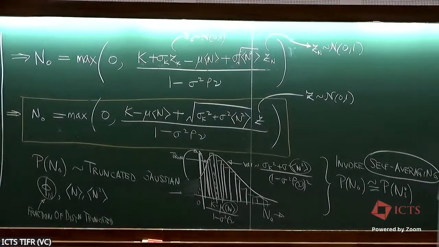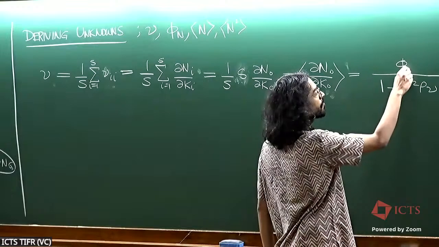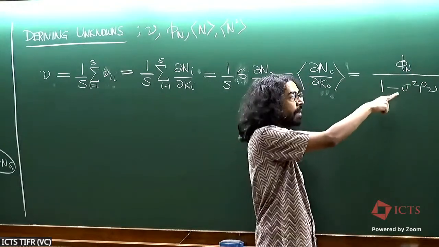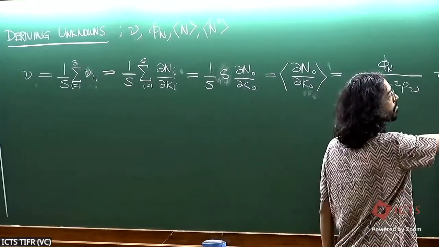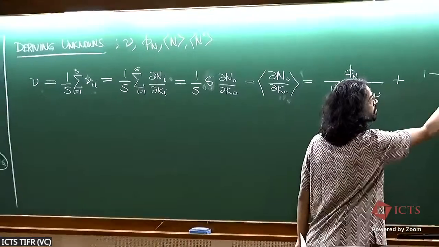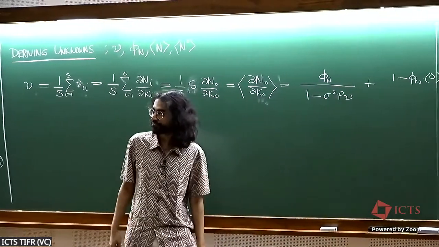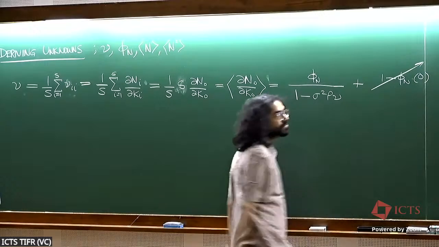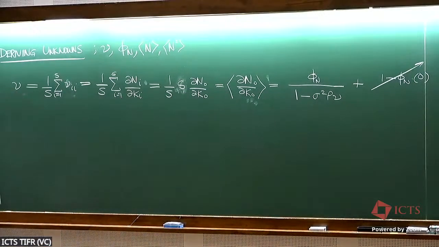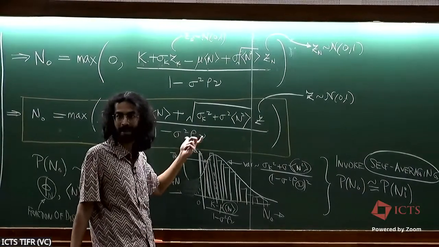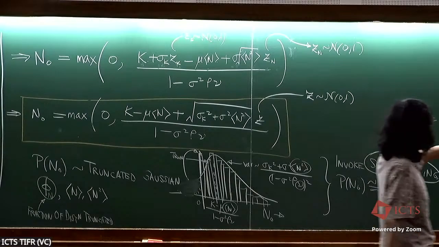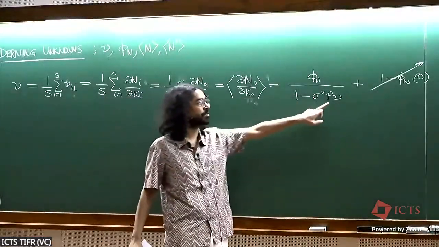So strictly speaking, this is phi_N over 1 minus sigma squared rho nu plus 1 minus phi_N times 0. That, of course, is 0. Is that clear? There's an argument you have to keep in mind again and again. It's coming up because there's a max over here. Only some fraction of times is N0 actually going to be given by this quantity. Okay? So nu, we have an equation in terms of nu and phi_N.